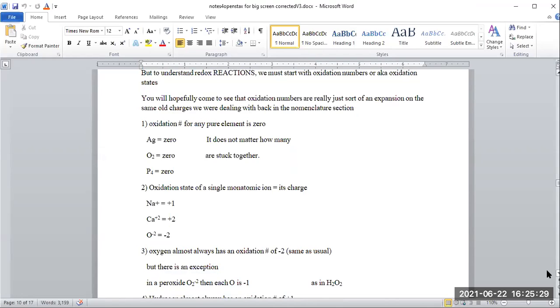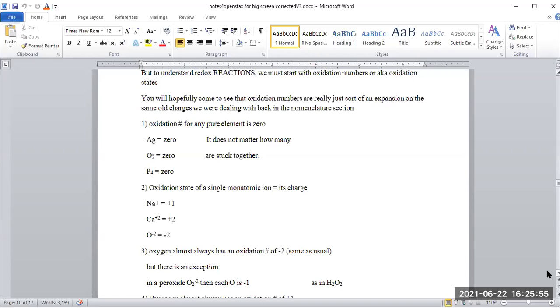So oxidation numbers, we'll call them implied charges. So we start with the idea that if you have a pure element, it's all by its lonesome, nothing else stuck to it, it is considered to be zero in its oxidation number.